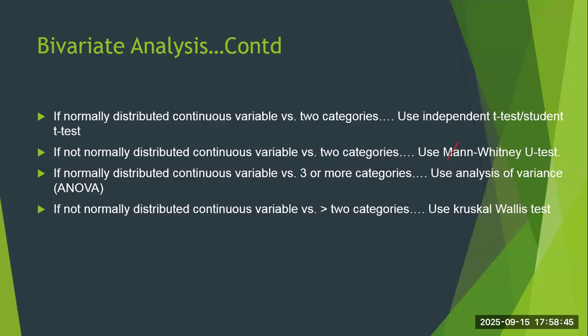Now, this is not the end. It is simple for independent t-test and Mann-Whitney because it is easier for you to know which one has significantly higher PCV. So I can quickly look at the mean or the median in the asthma group and then in the healthy group. Maybe assuming that the mean in the asthma group is 20%, and then the mean in the healthy population is 40.